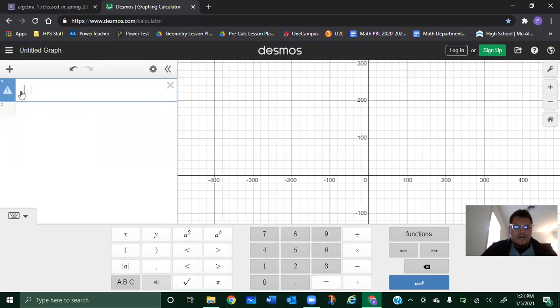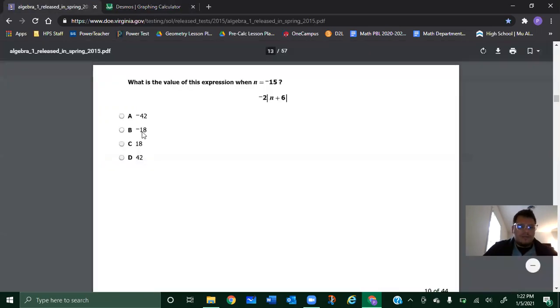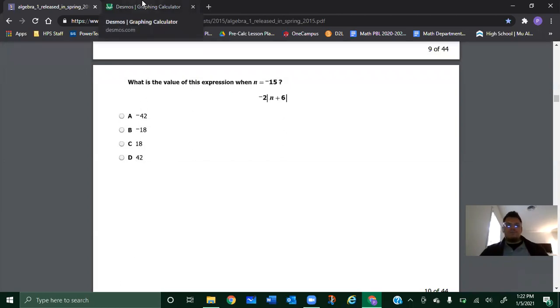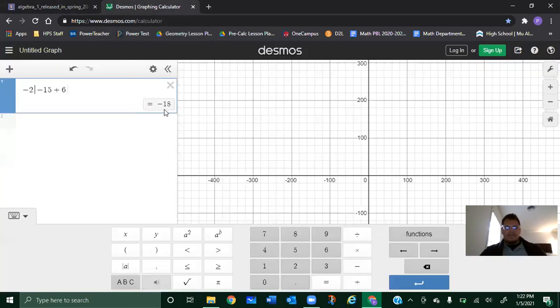It shows the absolute value, but I need a negative 2 outside of it. And then inside, I need not n plus 6, but I need negative 15 plus 6. And what does it give me? Negative 18, which is right there. So these are very simple. You're just plugging in for a variable, and Desmos pops out the answer so you can match your own.